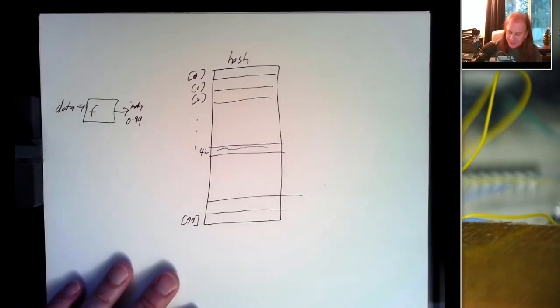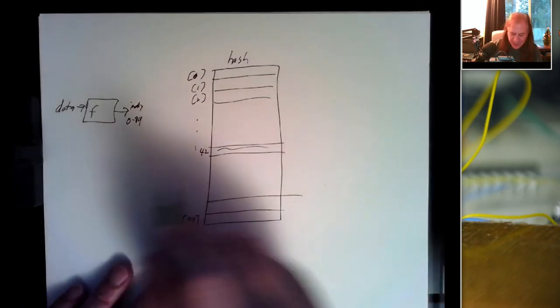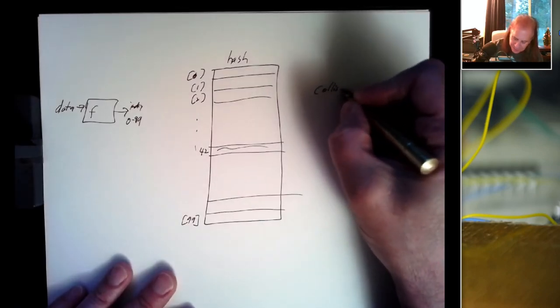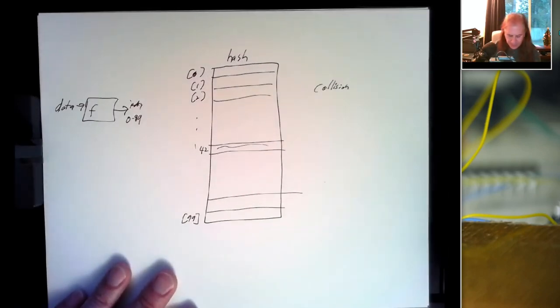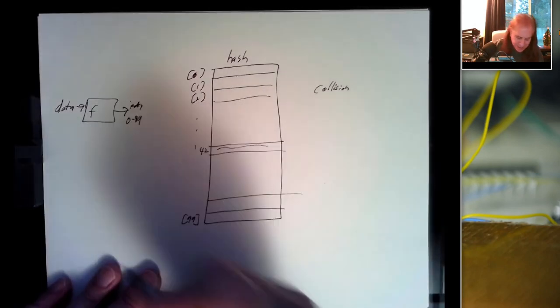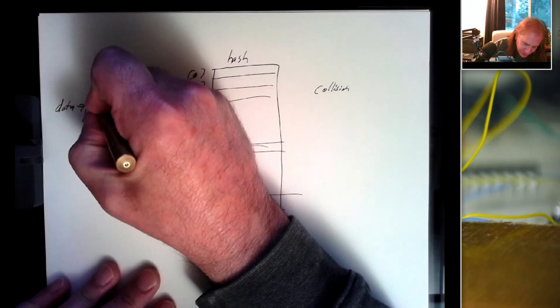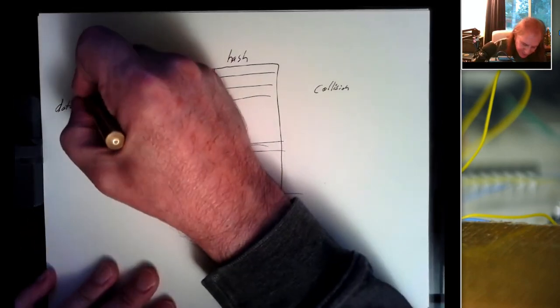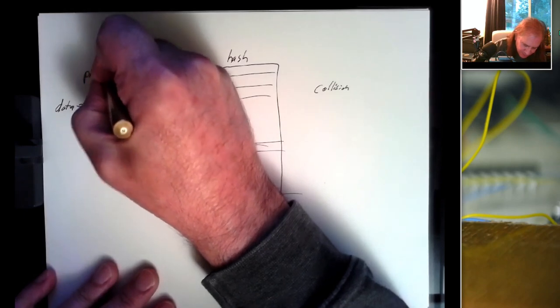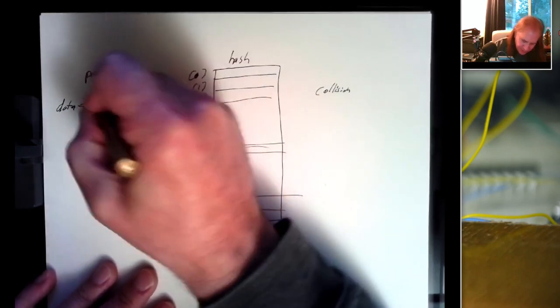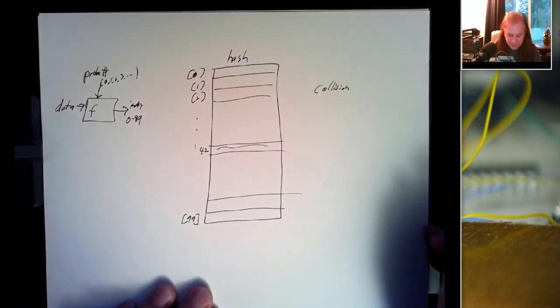The problem, of course, is what happens if two things hash to the same location. You get what's called a collision. So what we do is we make our hash function able to take in two numbers. There's the data that we're feeding in, and then there's something we'll call a probe number. And our probe number always starts at 0.